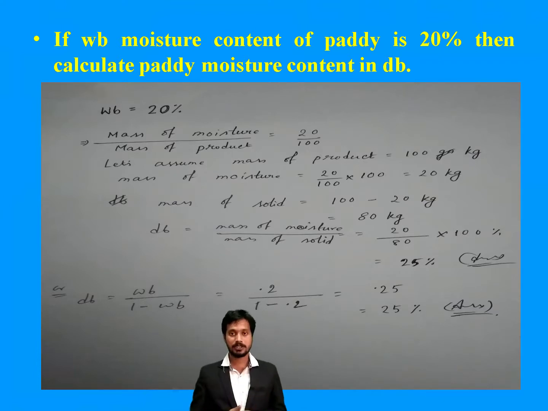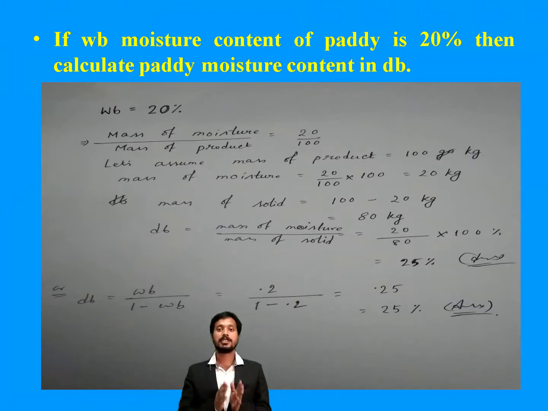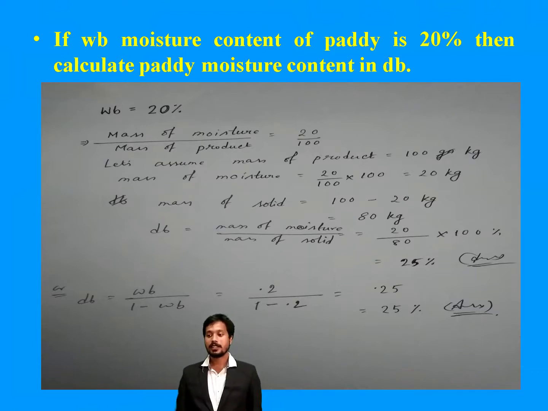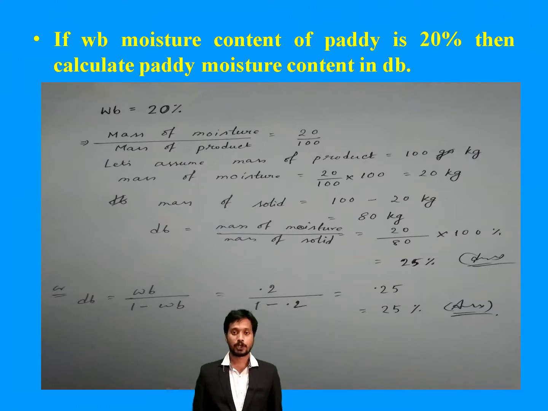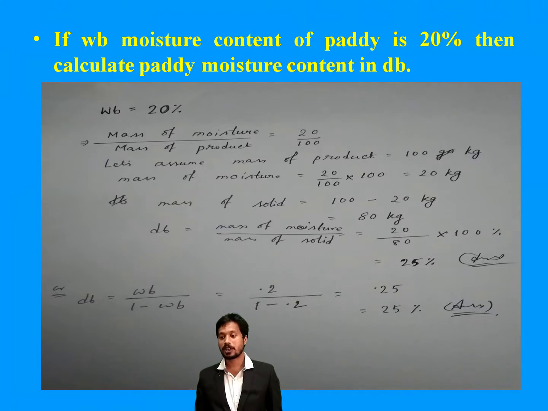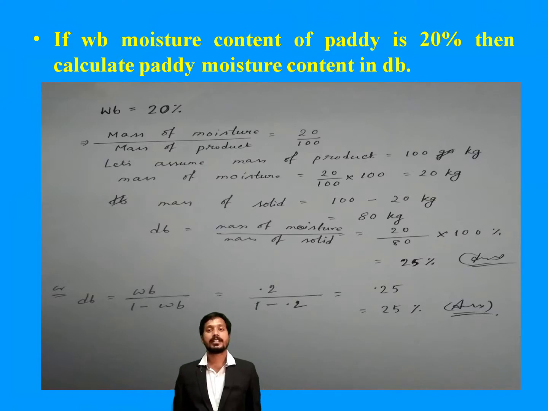Before using the formula, let's try whether we can solve it using the concept. First, wet basis of 20% is given, as it is I've written. Then weight of product: you assume that 100 kg of product is present. If 100 kg of product is present and 20%, then what can you write?